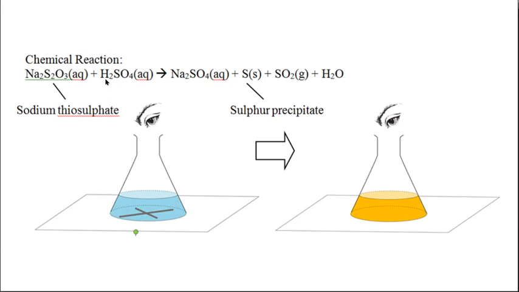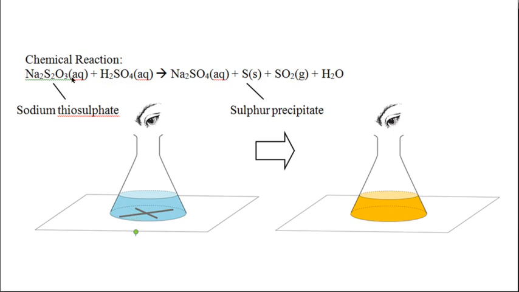Okay, so you mix the sodium thiosulfate and the sulfuric acid, and you see how long it takes till the cross disappears. And the cross is disappearing because the sulfur is precipitating out, and they've drawn this as yellow, but it's like a dirty white color. And then you say the reaction is complete when the cross disappears.